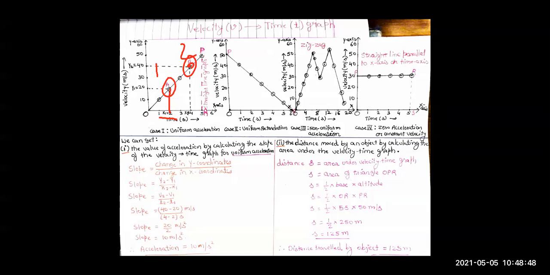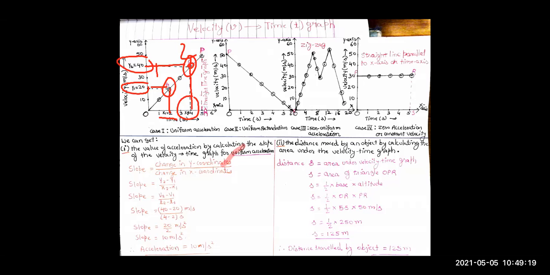And from point 1, you draw a perpendicular line on the y-axis, that is y1, which is 20 meter per second. Then from point 2, you draw a perpendicular line on the x-axis, that is x2, which is 4 seconds. Then from point 2, you draw a perpendicular line on the y-axis, which gives y2, that is 40 meter per second.